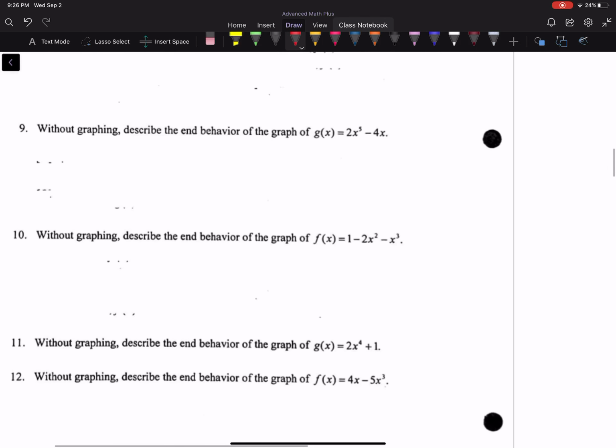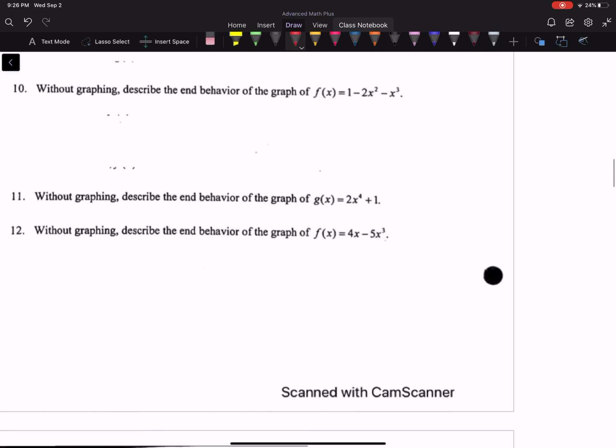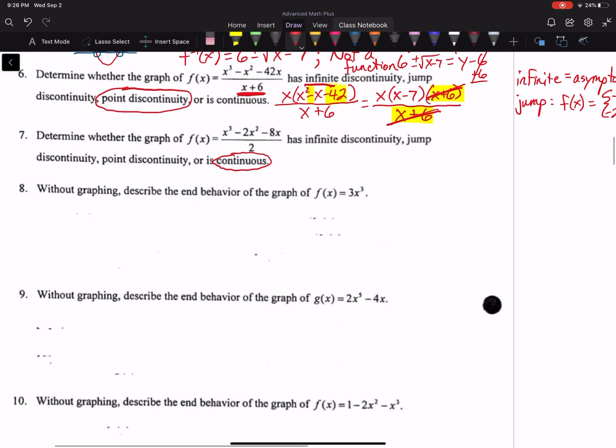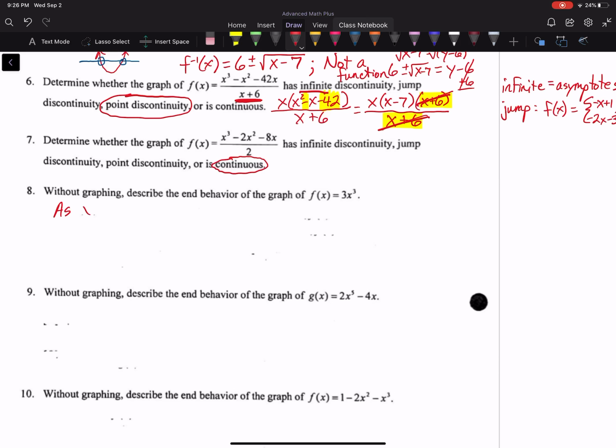8, 9, 10, 11, and 12 will all look the same as far as the start. They will all say, as x approaches negative infinity, f of x approaches something, and as x approaches positive infinity, f of x will approach something. We just have to figure out what the something is.